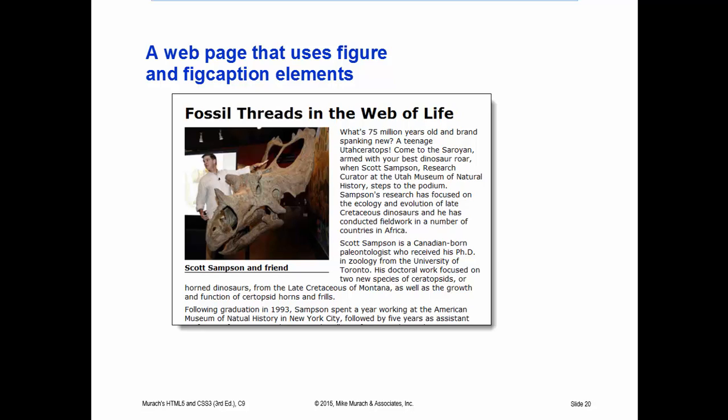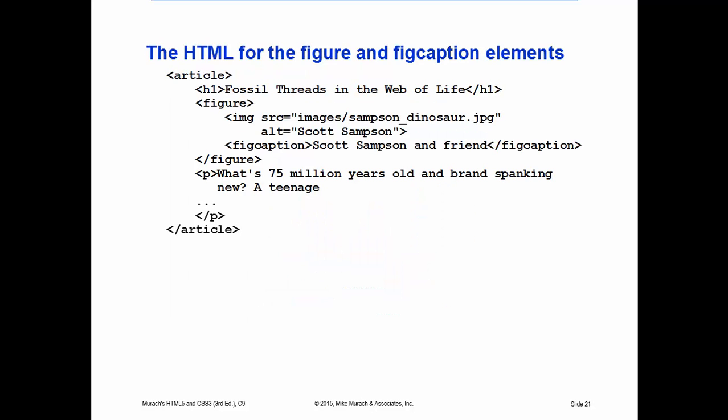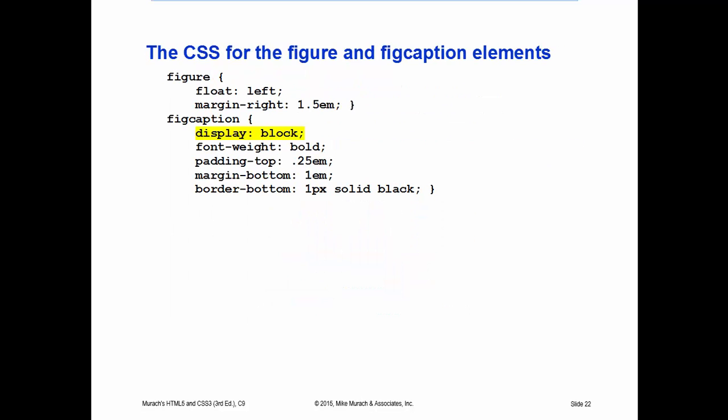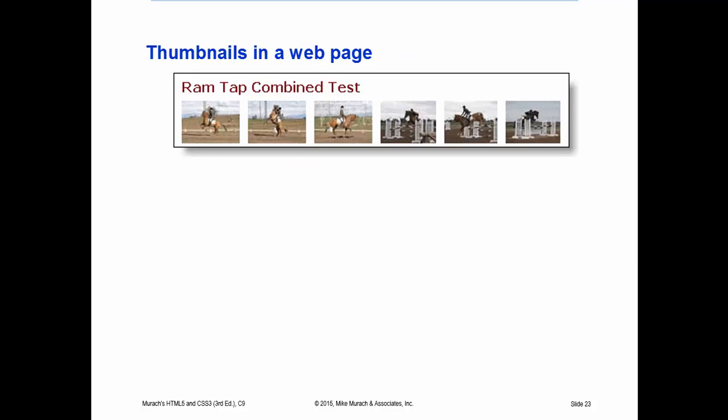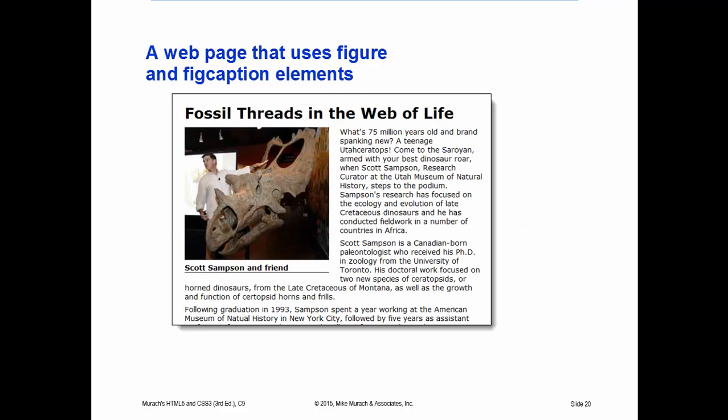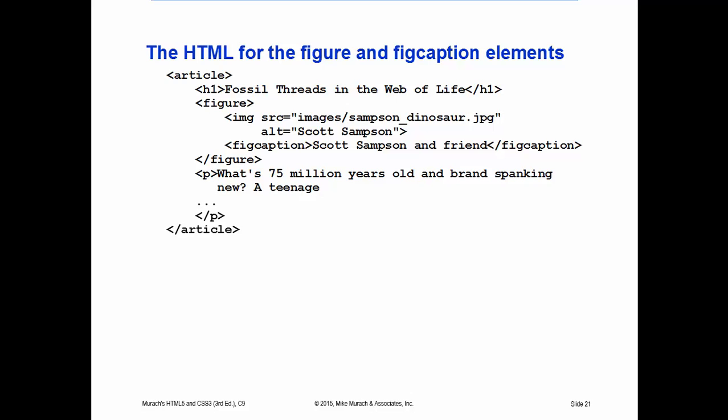By using them, it's much easier to tell that the image is used as a figure and that the caption applies to that particular image. Again, you've got examples, and then you get the code that goes with it.